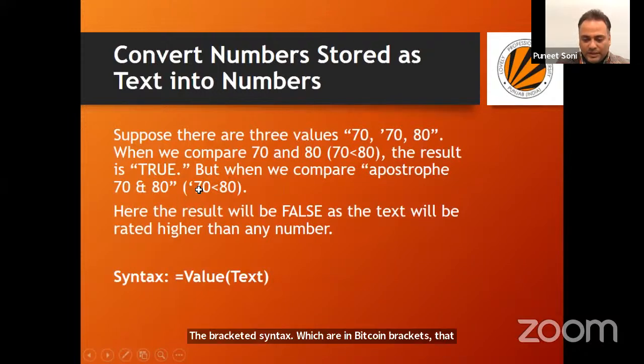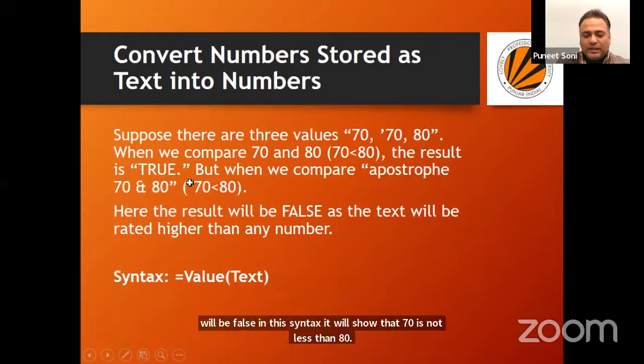And if you compare this syntax, there is an apostrophe, right, along with the 70, which is less than 80. So over here, the result will be false. In this syntax, it will show that 70 is not less than 80. Why?